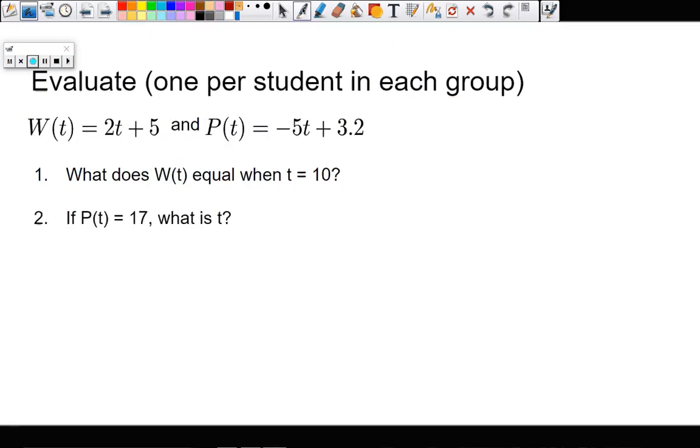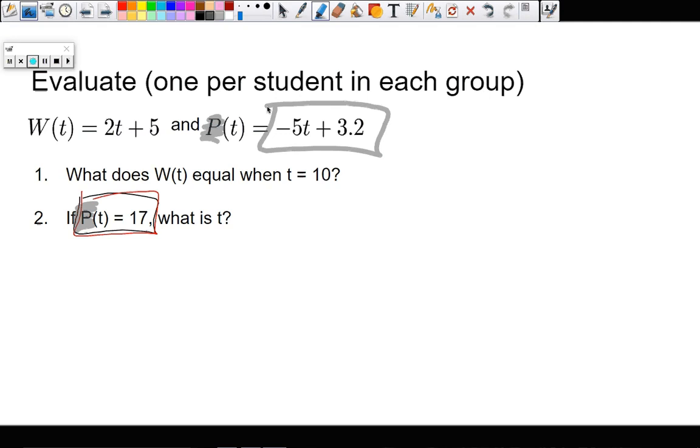If P of t is 17, so this is a little bit different, then what is t? Here we go. Let's identify, what are we working with? We're talking about this machine right here. You with me?